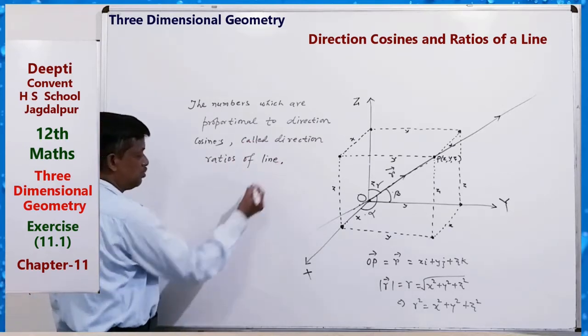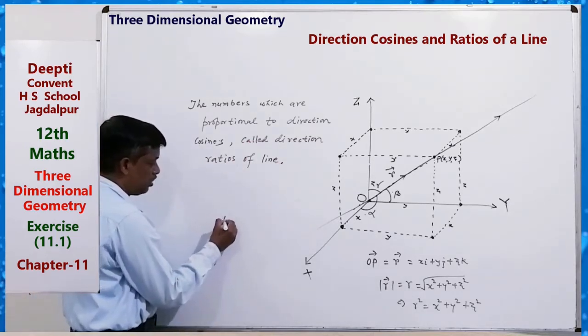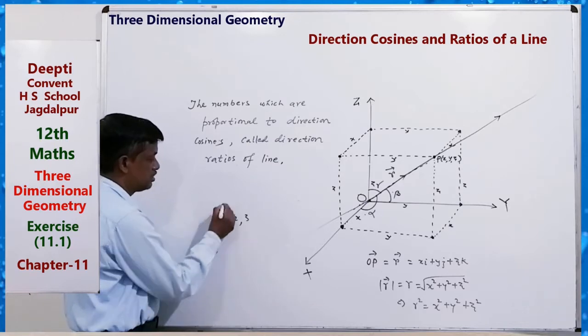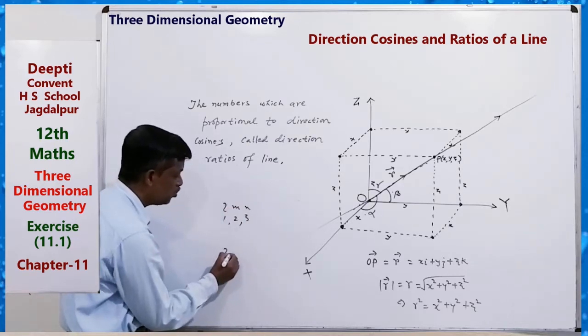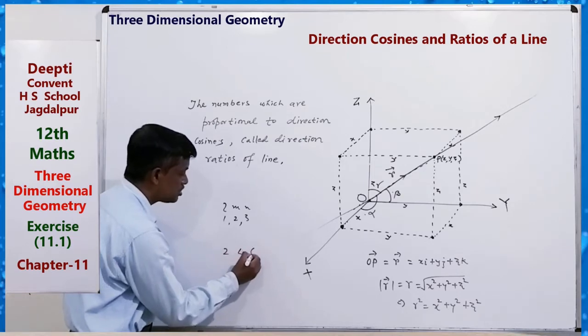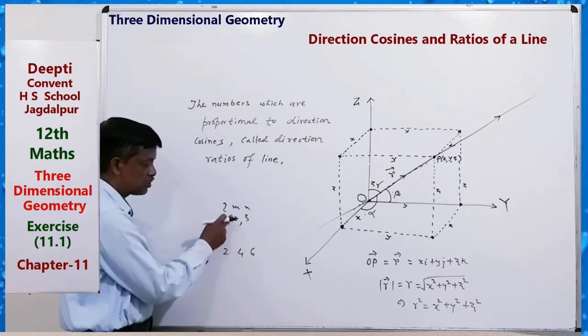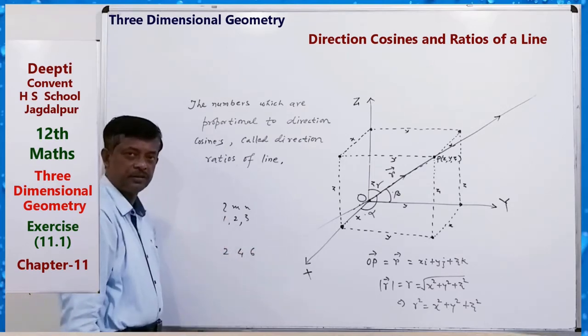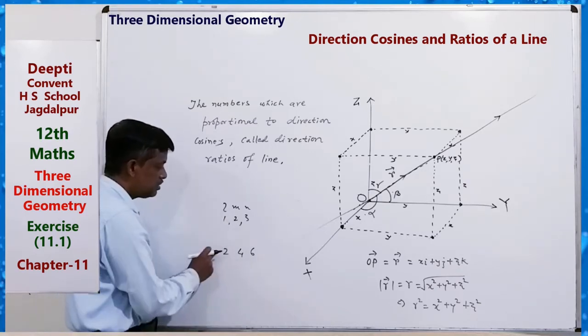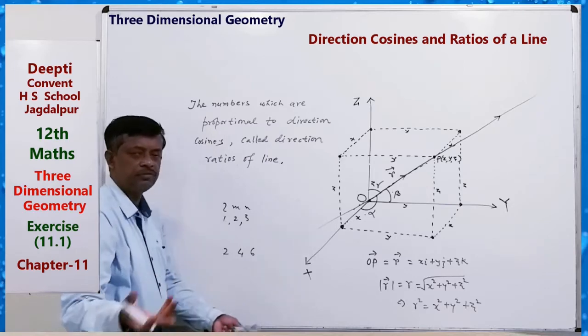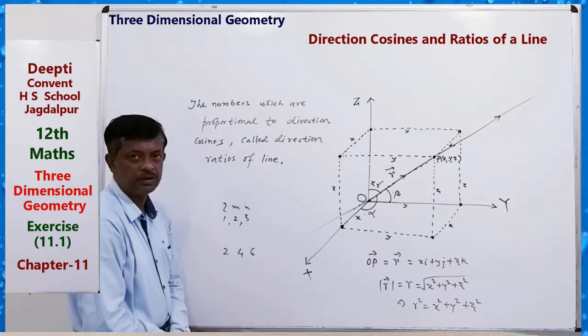That is, suppose 1, 2, 3 are direction ratios L, M, N, and we take the numbers 2, 4, 6. This is proportional to this. Proportional means this by this, this by this, this by this will give the same number.